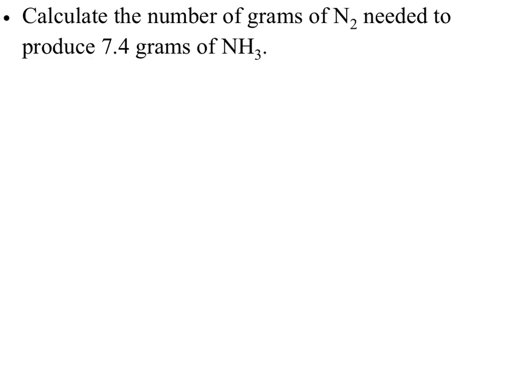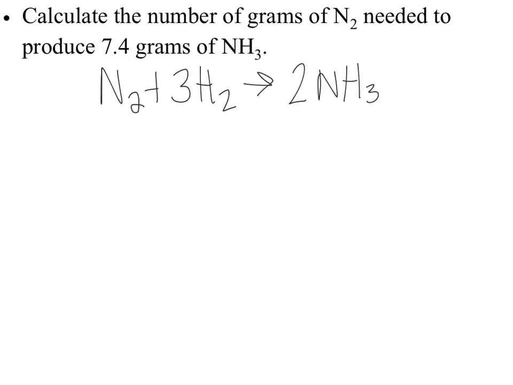Let's do one more mass-to-mass problem. So we're looking at the same reaction here. N2 plus 3 hydrogen gives us ammonia, and I need 2 ammonia in order for this to be balanced. So we're going to calculate the number of grams of N2, so he's my unknown, produced by 7.4 grams of NH3. He's my known.